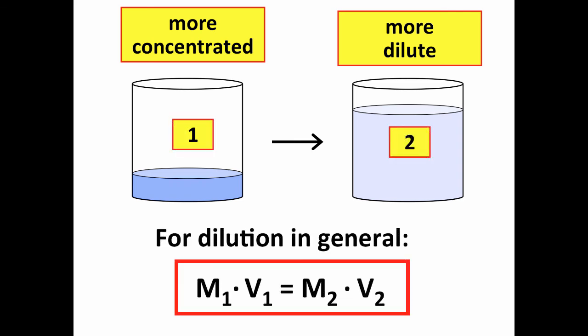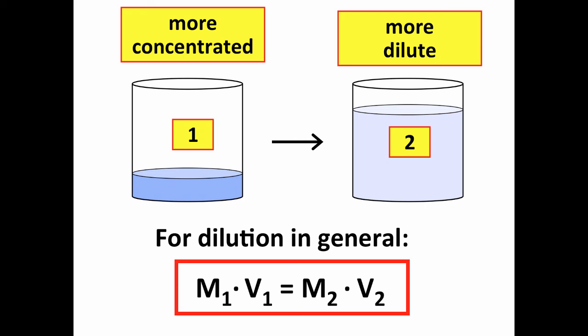It's fairly easy to show that it's true in general, but for dilution, if we have a more concentrated solution and a less concentrated solution we'd like to make, then the molarity times the volume of the more concentrated solution is equal to the molarity times the volume of the less concentrated solution. And this M1V1 equals M2V2 equation is true for dilution in general. It's not true for everything in the world, so be careful about that.